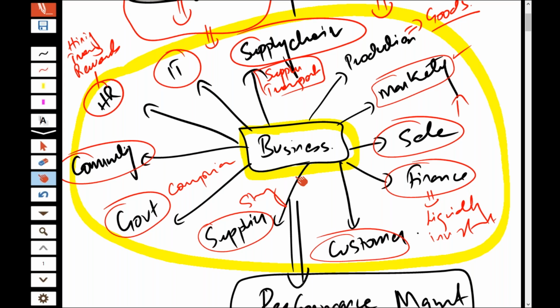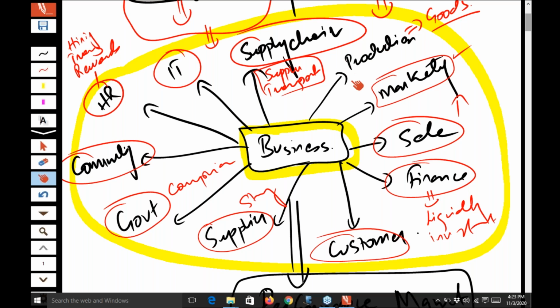Whenever we run a business, we have to look after every single aspect of that business, whether that be the supply chain, the production, the marketing, the sales, finances, customer support, suppliers, government, and so on.